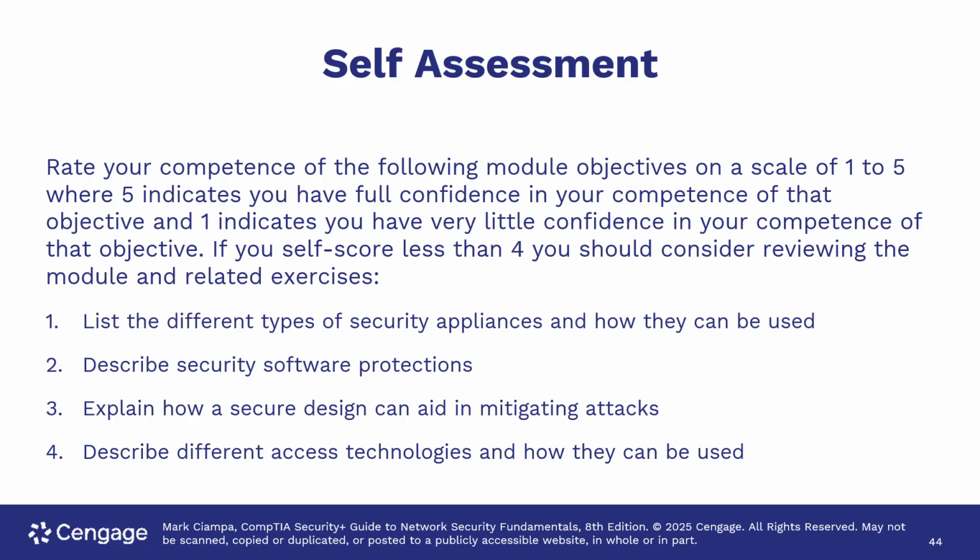You want to list the different types of security appliances and how they can be used. Then we talked about hardware and software. Describe security software protections. Explain how a secure design can aid in mitigating attacks. We talked about some of those. And describe different access technologies and how they can be used.